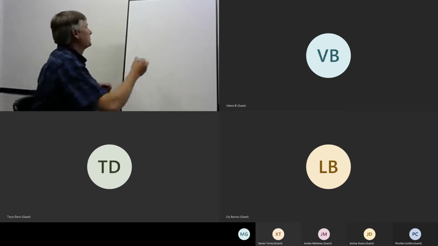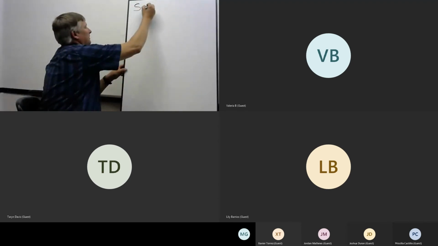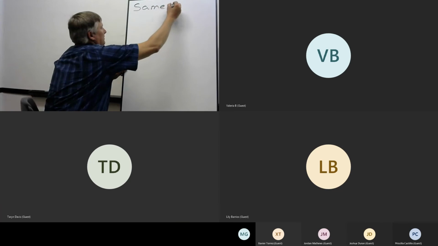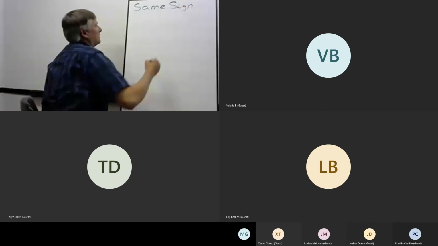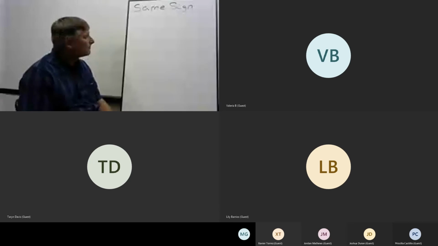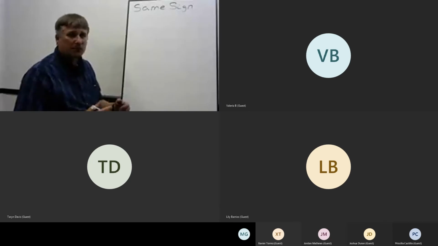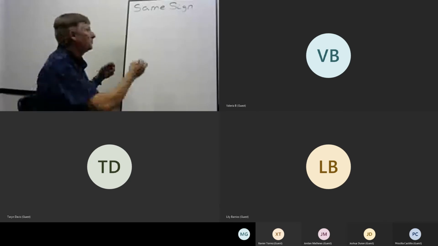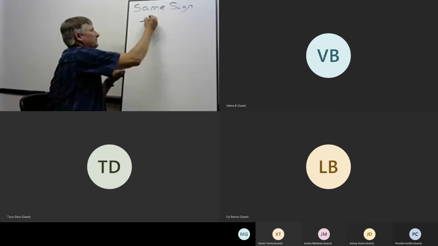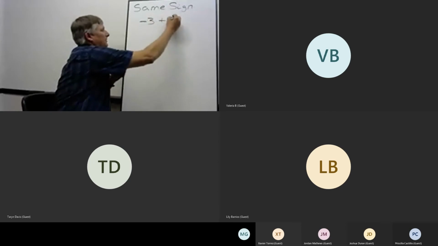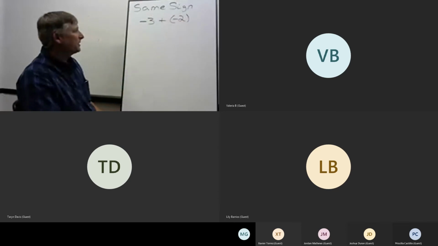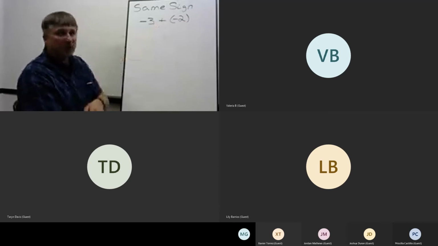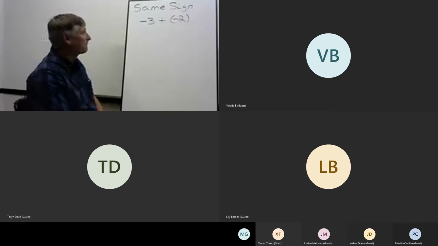So first situation. If the numbers have the same sign, so we have two positives or two negatives, this is what we'll do. Let's say we have negative 3 plus negative 2. Now what we always do is we convert everything into a plus. I'll do another example where we have to do this.